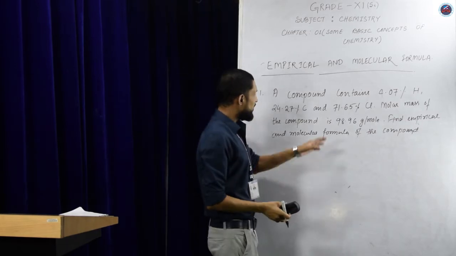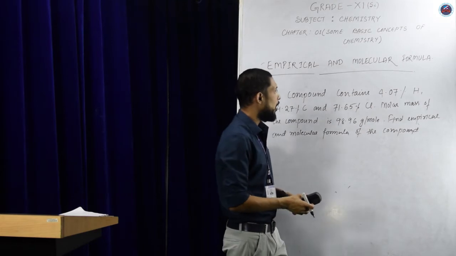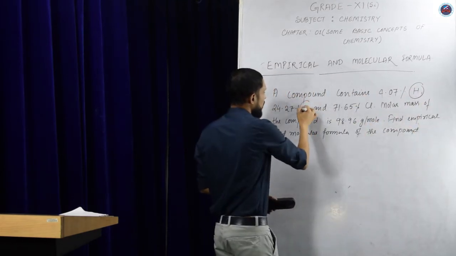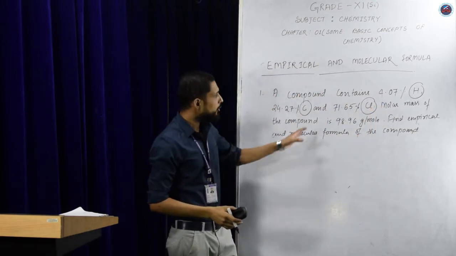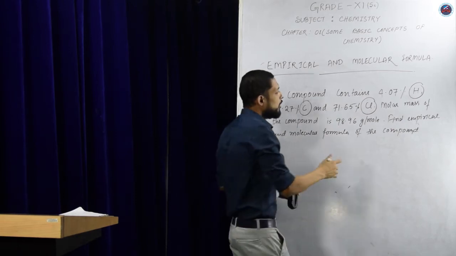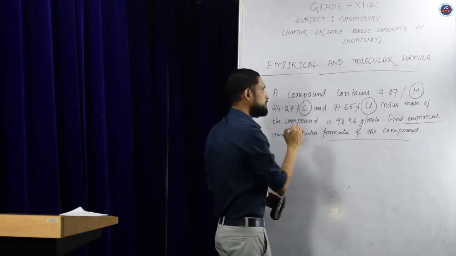So you are given the elements present in the compound. There is hydrogen, carbon, and chlorine. Now, using the information given in the question, you have to find out the empirical and the molecular formula.